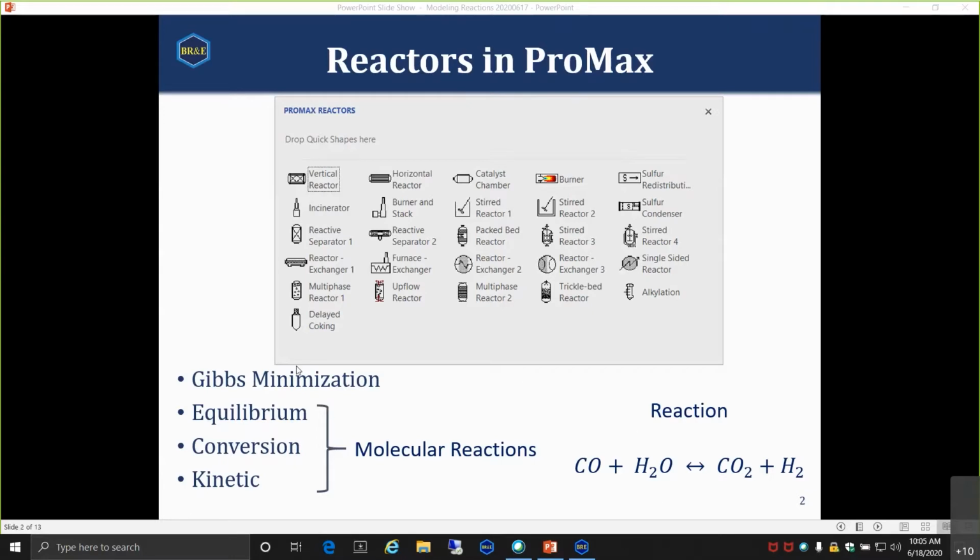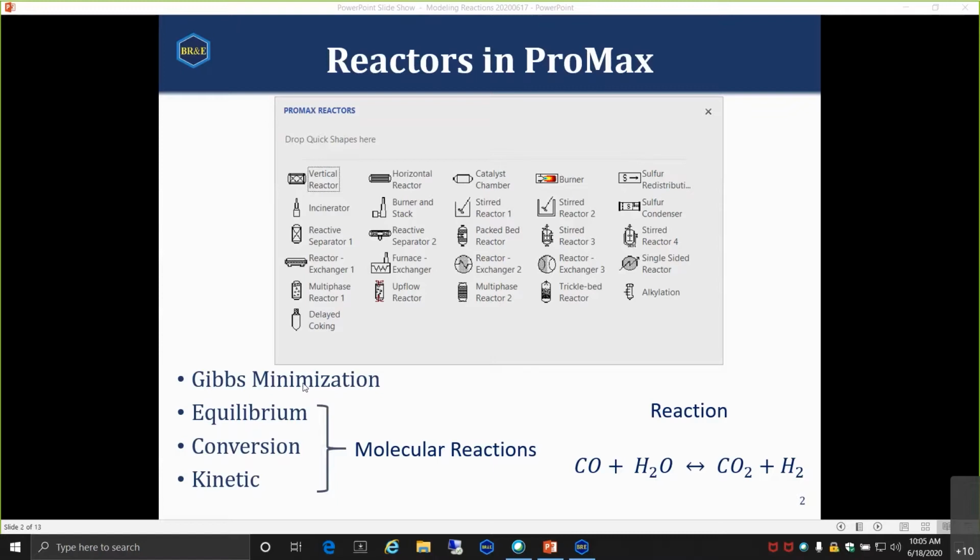The Gibbs minimization approach just looks at all of the species that are present in your environment, or specifically which species you have said you can adjust or change atoms between.